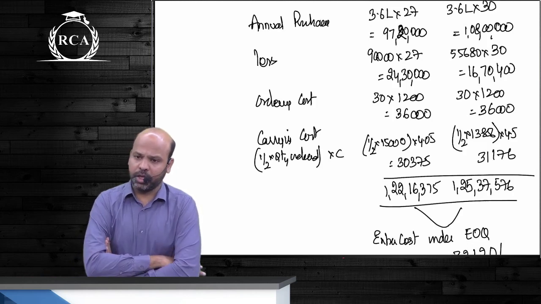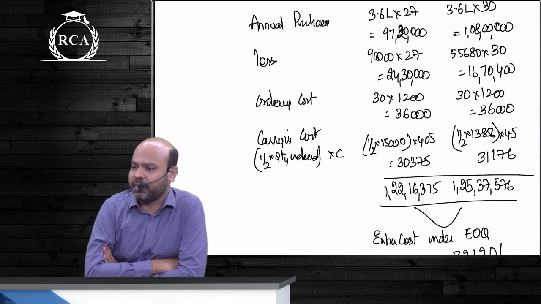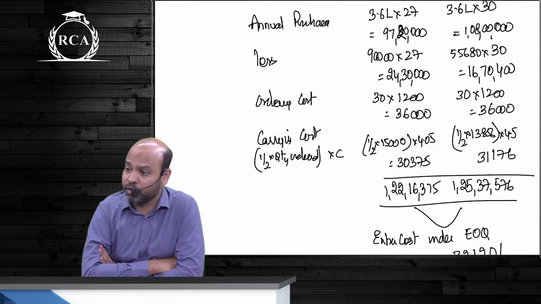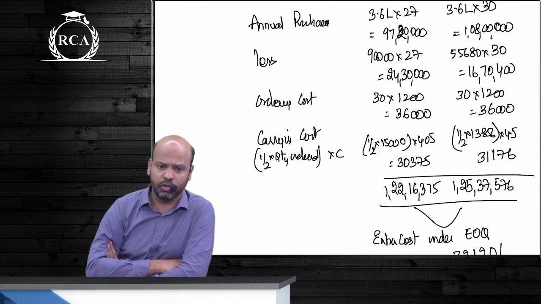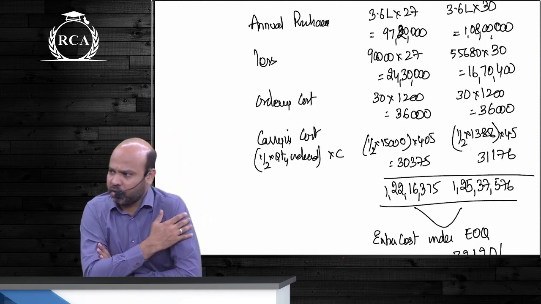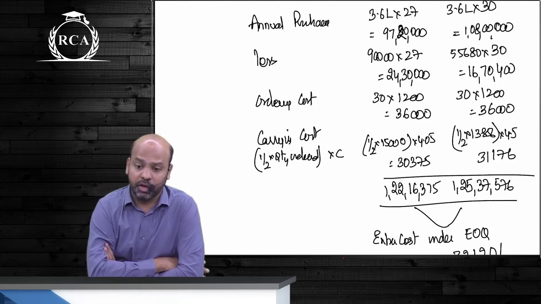At EOQ, normally your total ordering cost and total carrying cost are the same, guys, but here the number of orders even under EOQ are increasing on account of loss due to obsolescence. We are not computing number of orders by dividing annual requirement by EOQ.